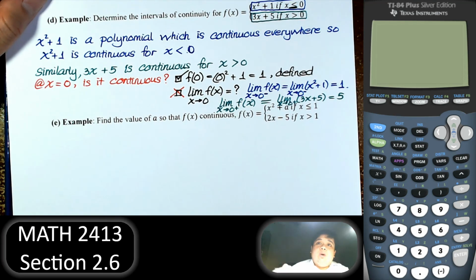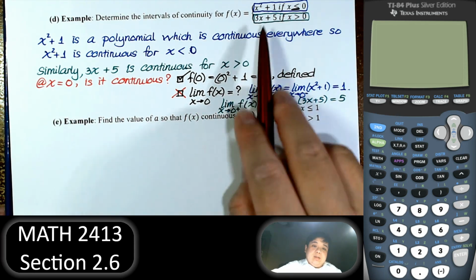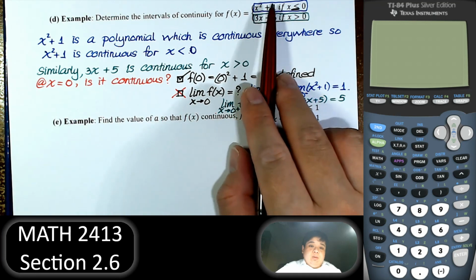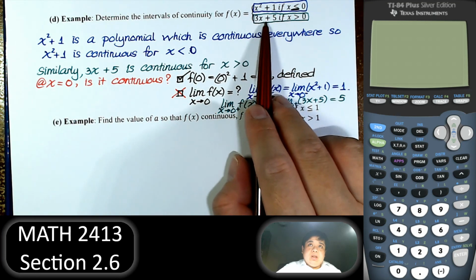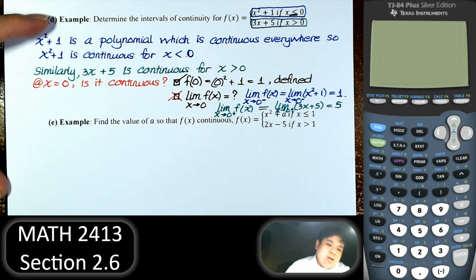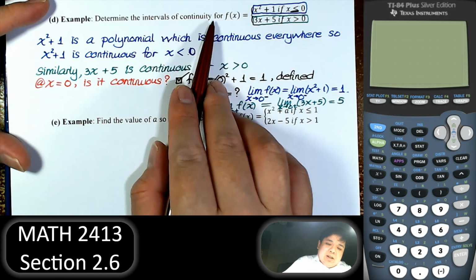So when we have a piecewise function, we check each piece, and in this case each one of them is continuous, but we have to check for the gap. At the gap, the limit does not exist, so it cannot be continuous. In this case, we know for sure this is a jump discontinuity. So determine the intervals where it is continuous.